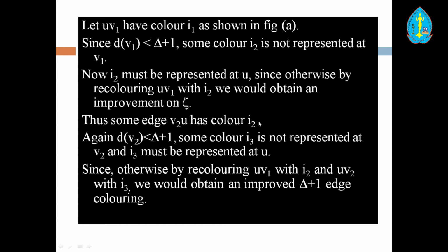That would be an improvement on C, but we consider C to be the optimal Δ+1 edge coloring, therefore it is not possible. Again, D(V2) < Δ+1, so some color i3 is not represented at V2, and i3 must be represented at U. Otherwise, by recoloring UV1 with i2 and UV2 with i3, we would obtain an improved Δ+1 edge coloring, which is not possible.